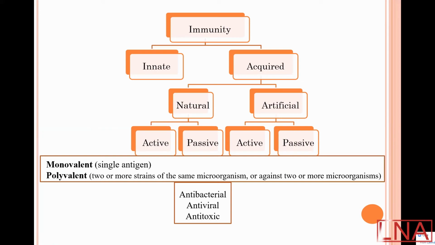Naturally, how can we get natural acquired immunity? If it's active, it means we got an infection and our immune system solved the problem and produced antibodies. And we have immune memory which stays with us, not all our life anyway, sometimes only a short time.